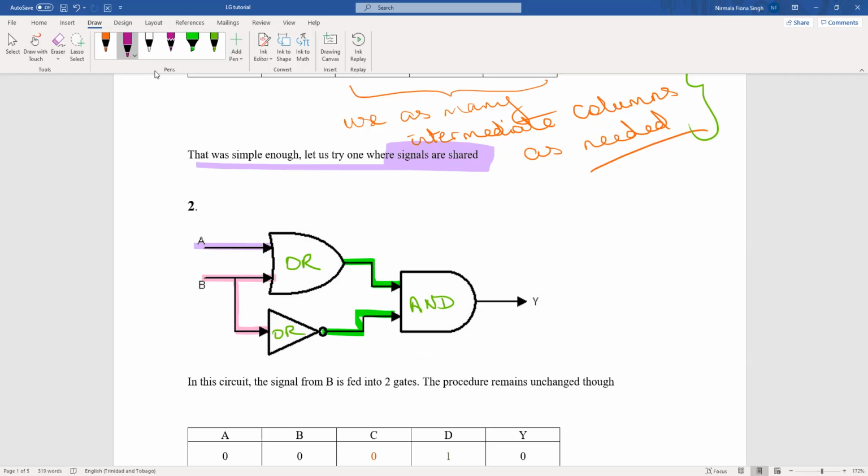Right, so let's look and see what we have here. A and B go through the OR gate to give C. Then if you look here, we are taking some of B, passing it through not an OR, a NOT gate, and I will get D. And then I see I have C plus D through an AND gate to give me Y. So I now know all my intermediate steps, right?